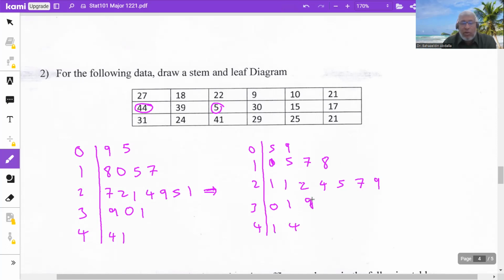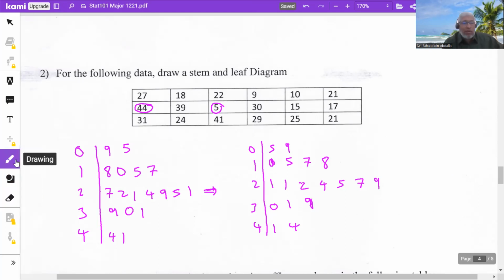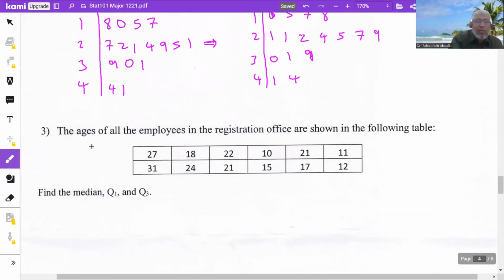So this is the required stem and leaf. You can check that we did not forget any number. We have 2, 4, 6 times 3, 18 numbers. And if you count here, I have 2, 4, 7, 3, 2, so 5, 7, 11, plus 7, 18 numbers. So everything is correct. You can check for yourself that we did not forget any of the numbers.